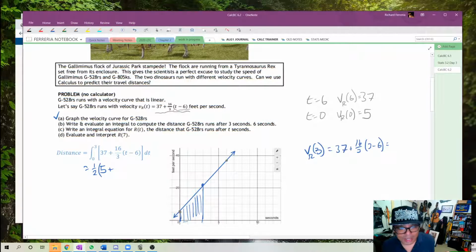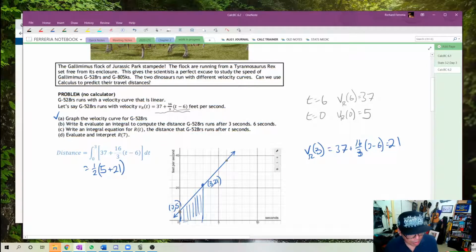So 3 minus 6, of course, is negative 3, and negative 3 divided by 3 is negative 1. 16 times negative 1 is negative 16. And 37 plus negative 16 is what, 21? So over here, that's 21. This is (3, 21). This is (0, 5).